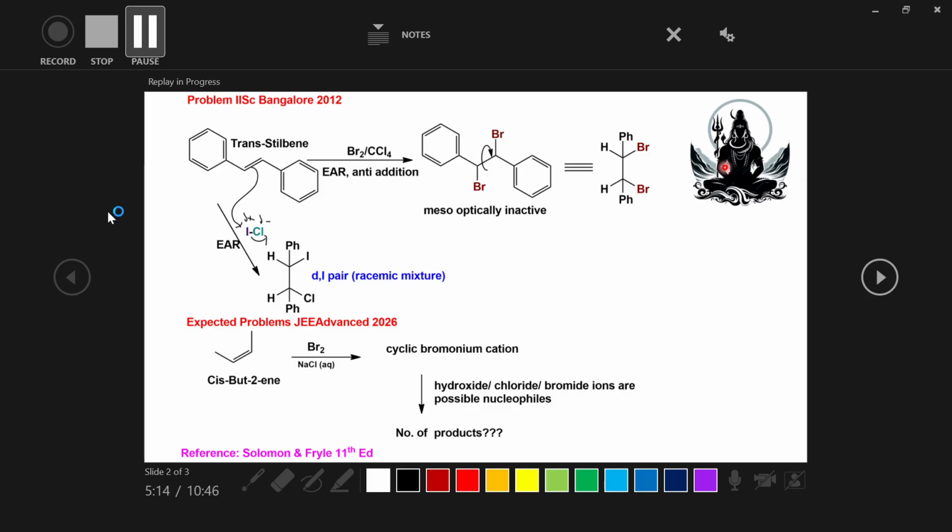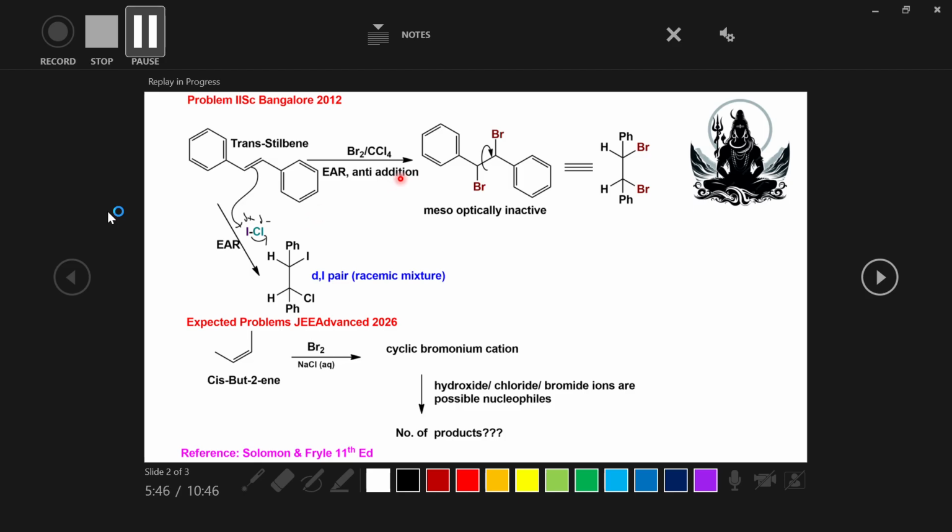Sometimes I keep telling my students that whenever you have a trans compound and it is undergoing anti-addition, you will get a meso compound. Now, this is for people who are learning on the surface. But sometimes such things can lead to oversimplification, which is not something we want.